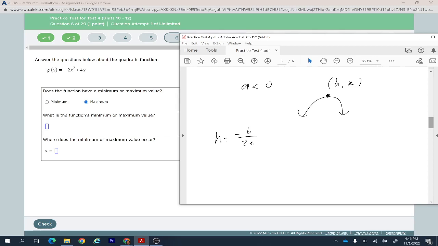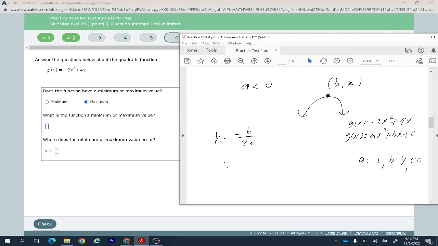If your function is given in ax squared plus bx plus c form, you need to compare this with the given function. In the problem, g of x is -2x squared plus 4x. So a is -2, b is +4, and c is 0.